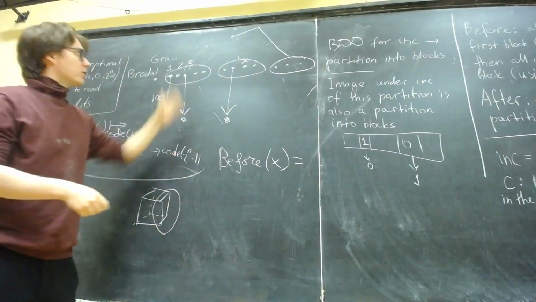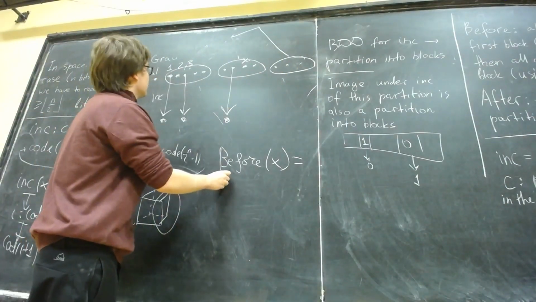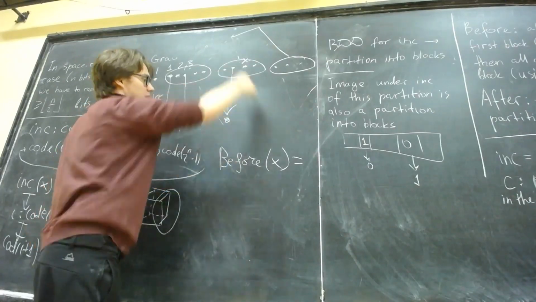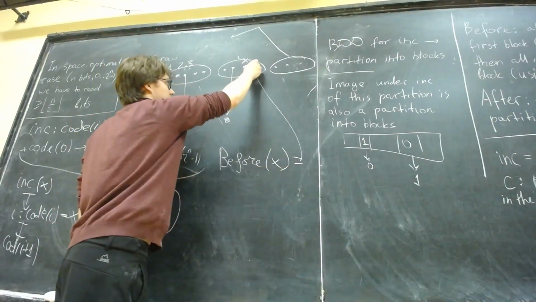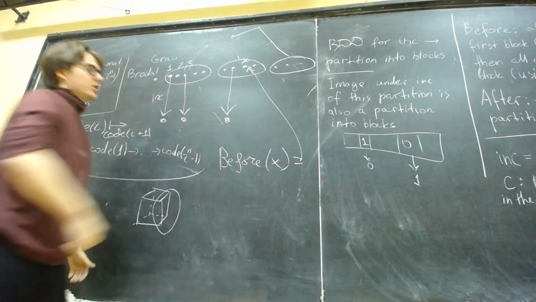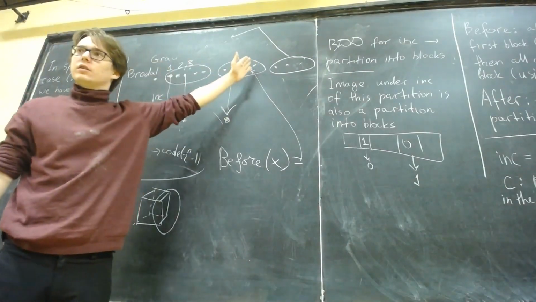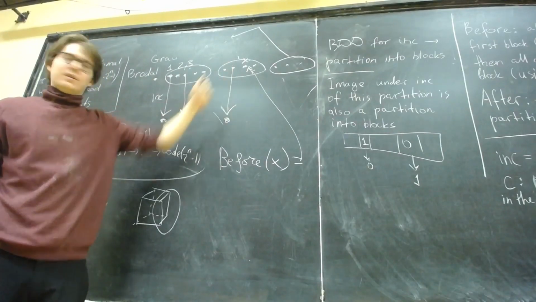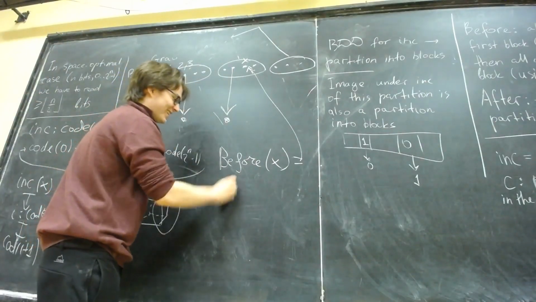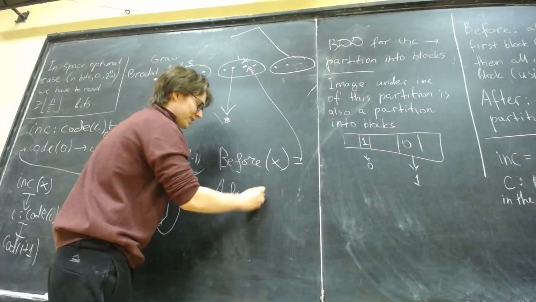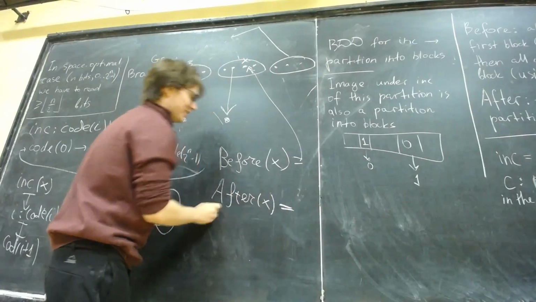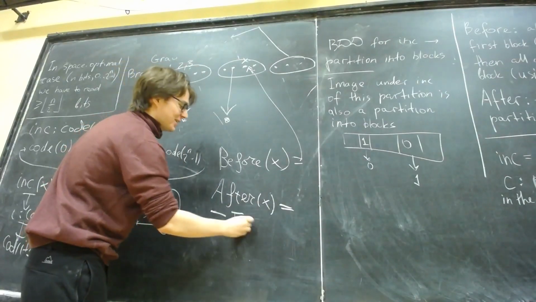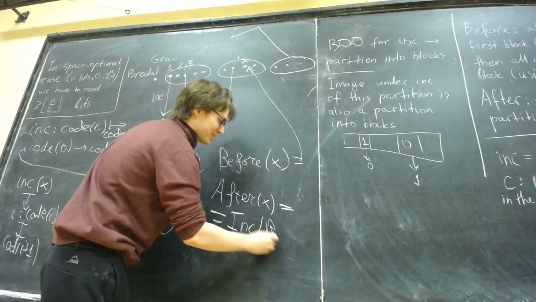Before of x is the x string in this enumeration, and after of x is just the definition inc of before of x.